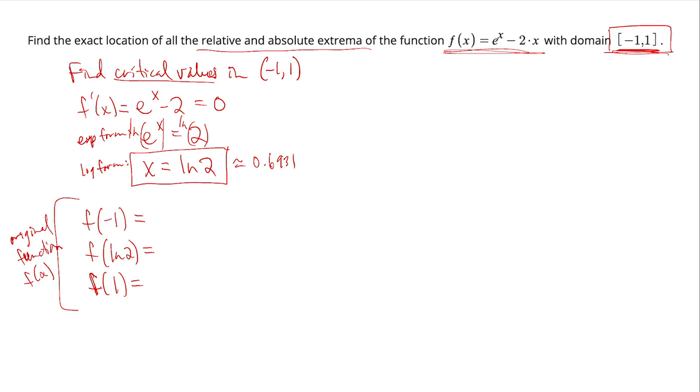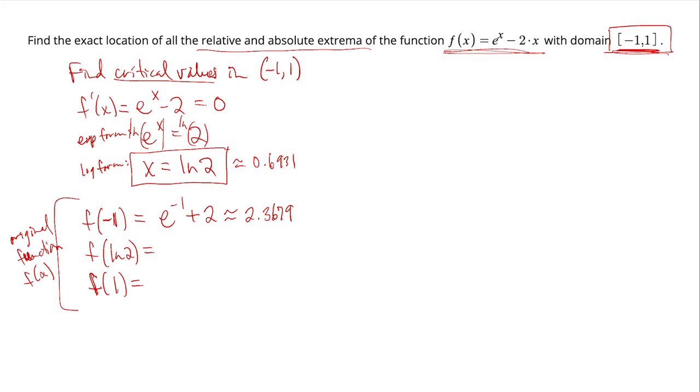So if I plug -1 into my function, I get e to the -1 minus 2 times -1. I end up getting e to the -1 plus 2, and that is approximately 2.3679. I just rounded to 4 decimal places.